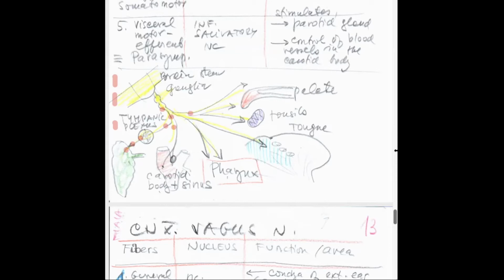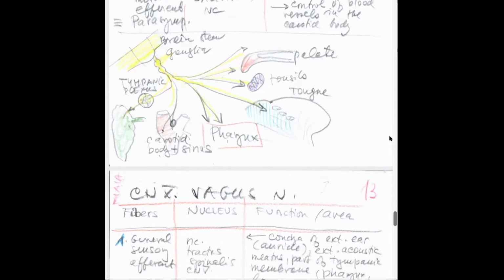And then the distribution of the branches innervating the palate, soft palate, tonsils, then the tongue, posterior 1/3, as we said, and also the branches to the pharynx. We know that the pharynx also receives fibers from nerve number 10, because there is the pharyngeal plexus, which consists of nerves number 9 and number 10. So this is nerve number 9.